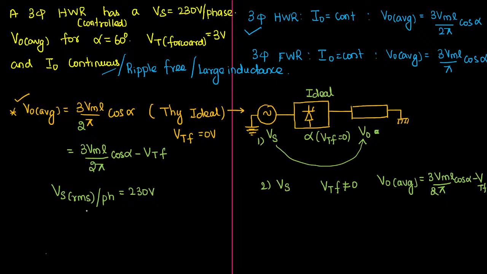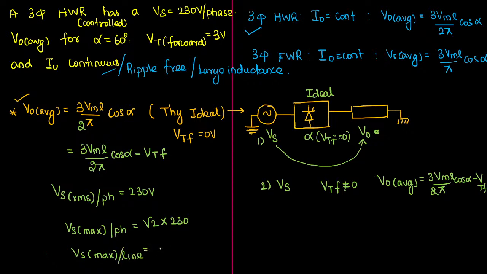First, I need maximum voltage. We know how to obtain the maximum voltage per phase from the RMS. Supply maximum voltage per phase equals root 2 times the RMS voltage. First conclusion is over. Now I just wanted to know the maximum line voltage.